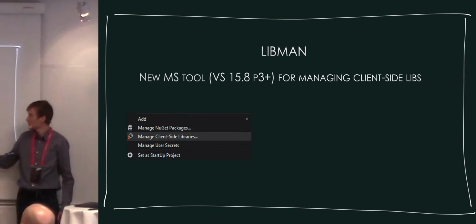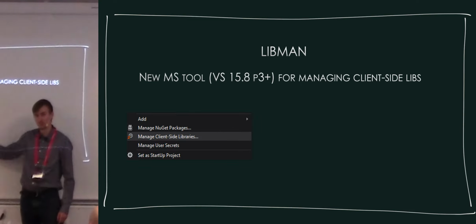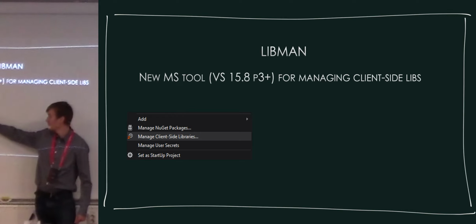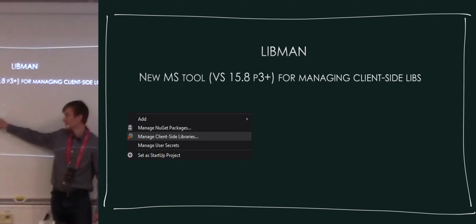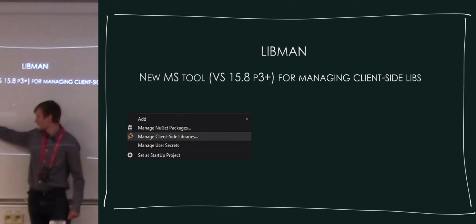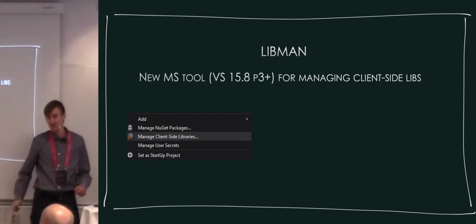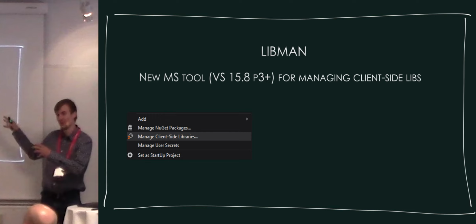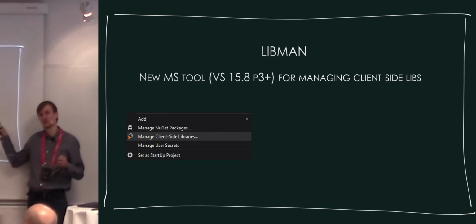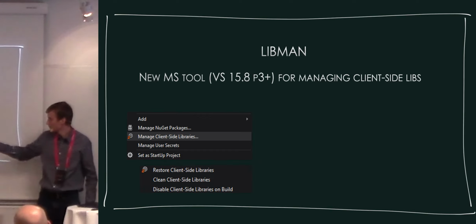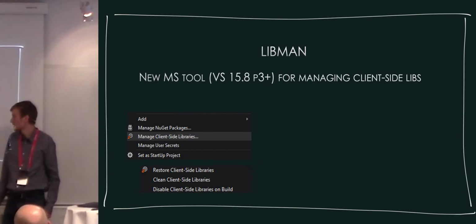If you use Visual Studio version 15.8 P3 or higher, when you create a web project, you can right-click on the project after creation, and there will be this Manage Client-Side Libraries option. This brings libman functionality on board. You will have to install a NuGet package for libman, which is the library manager, and then you will be able to manage client-side libraries.